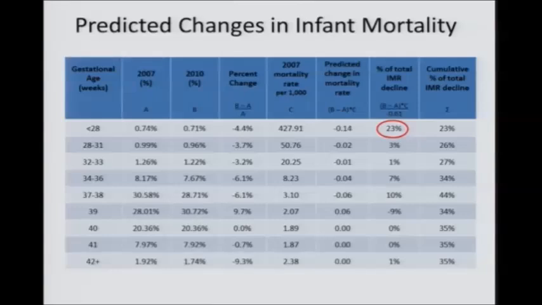Kendi had made the point that a small proportion of births can have a huge influence on deaths, and this is a case here. So 23% of the decline could be explained by that, and 34% overall, there were declines in prematurity that could be explained. So that means the remainder is really due to large declines in gestation-specific mortality.